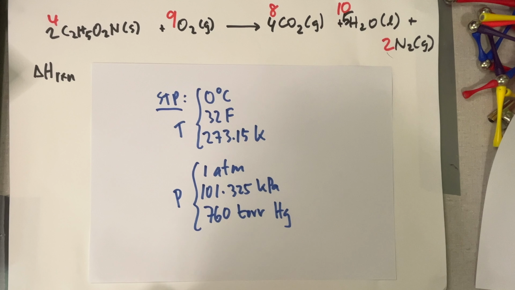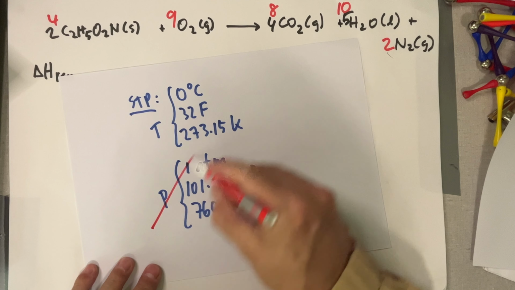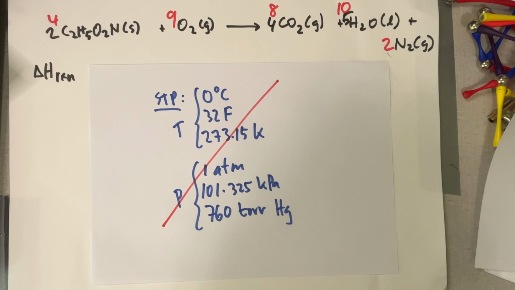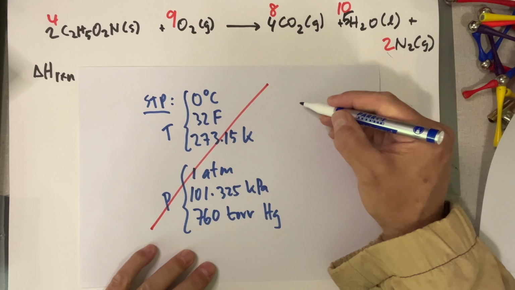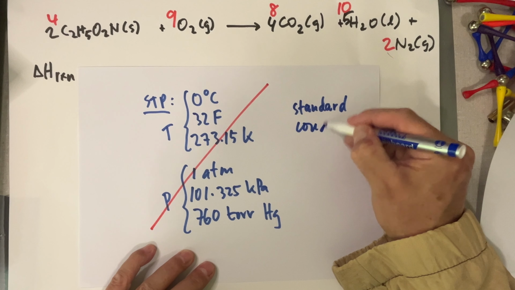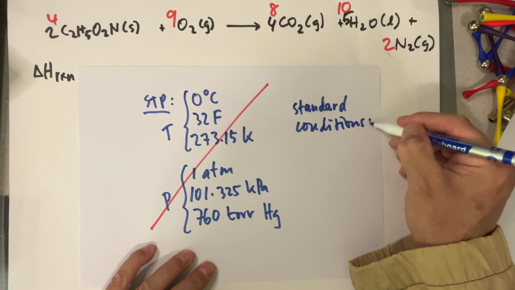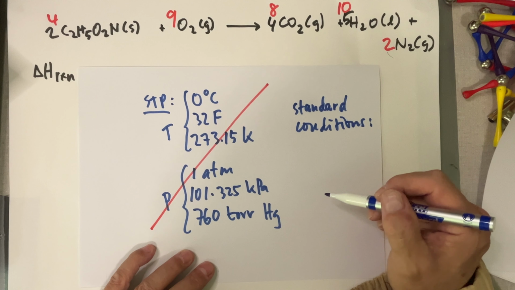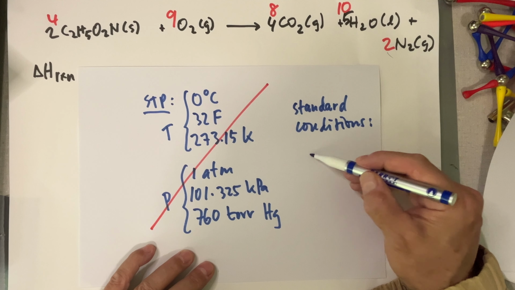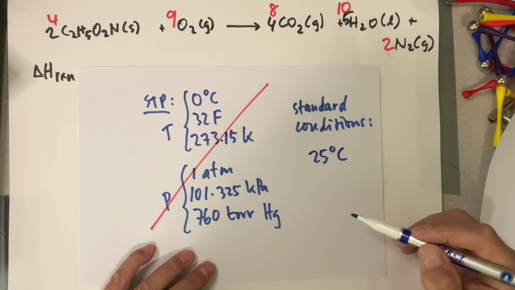So STP, standard temperature and pressure, does not apply when one talks about standard conditions in enthalpy calculations. It was decided that the standard conditions are defined slightly differently. The temperature is not 0 degrees, it is 25 degrees Celsius.